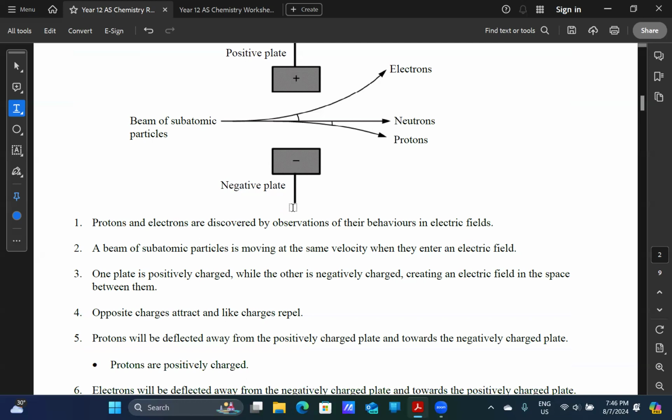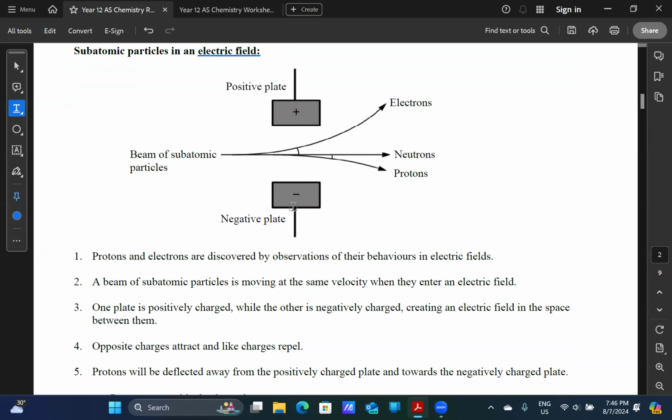Okay, let's go through the explanation below first. Proton and electron were discovered by observation of their behaviors in an electric field. A beam of subatomic particles.